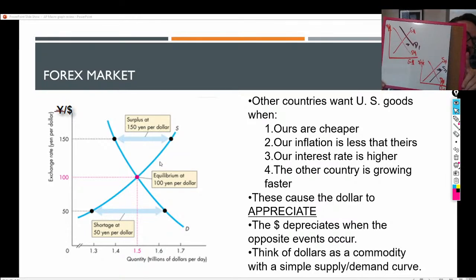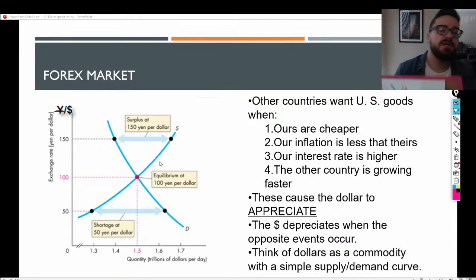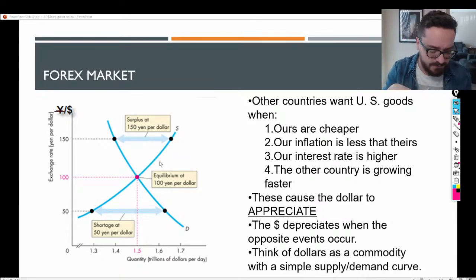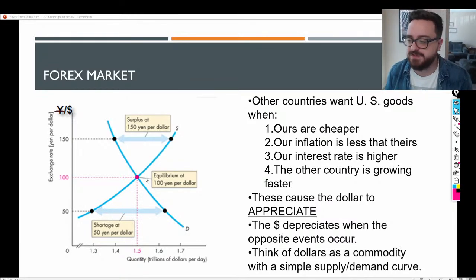This is always the pattern of how this graph works. It's supply of one, demand of the other, move them in the same direction every single time. The reason why the supply is increasing on yen is because the supply of dollars here isn't the amount of dollars that exist.